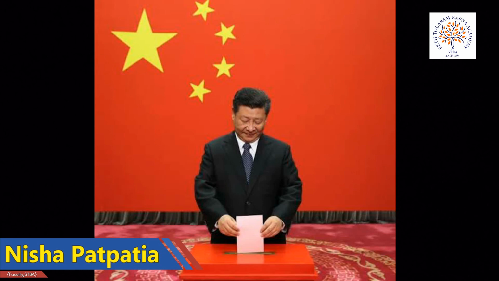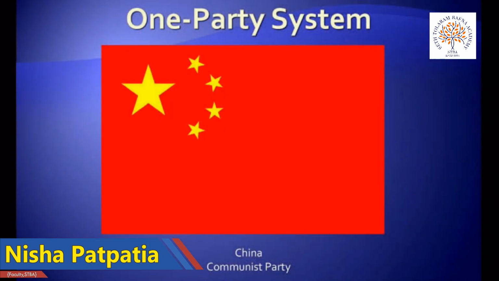Some members are elected by the army. Before contesting elections, a candidate needs the approval of the Chinese Communist Party. Only those who are members of the Chinese Communist Party or 8 smaller parties allied to it were allowed to contest elections. The government is always formed by the Communist Party.